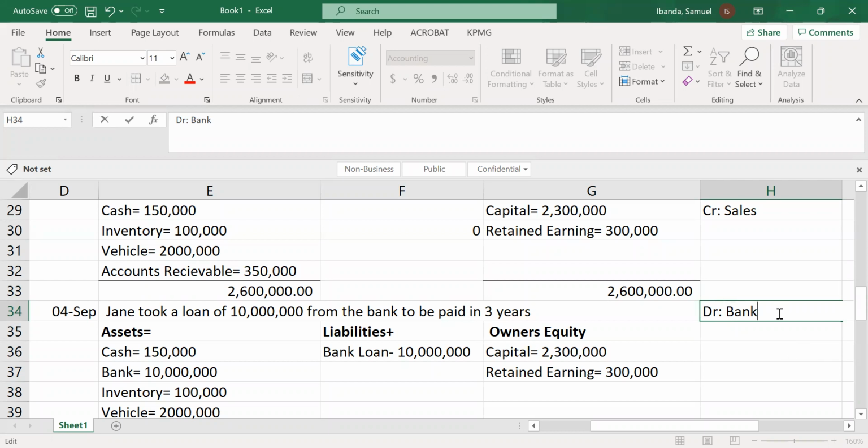So we shall debit bank with 10 million. And we are going to credit what? We are going to credit our loan, because it's a liability of 10 million.